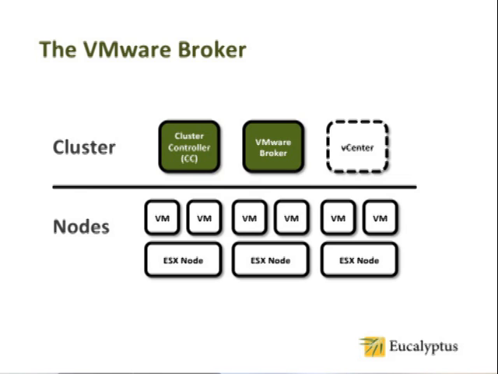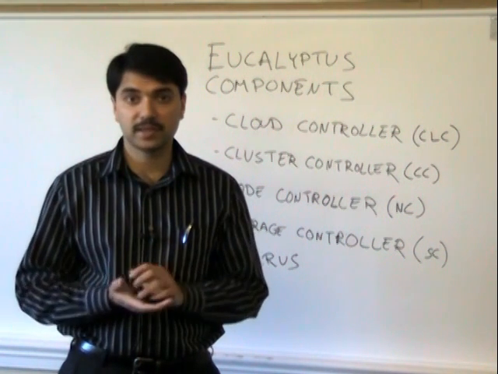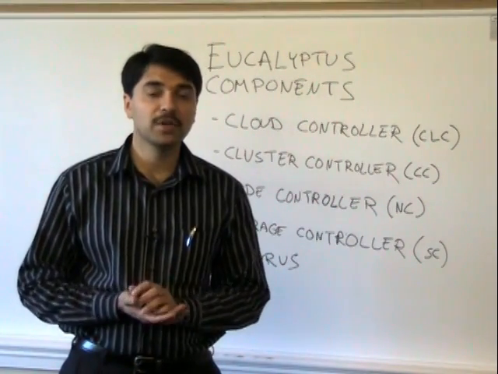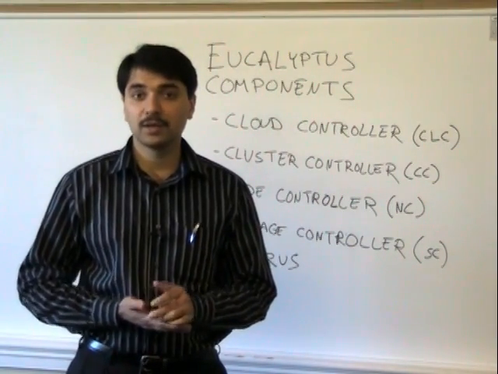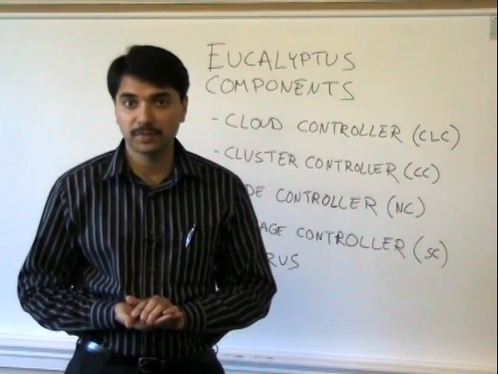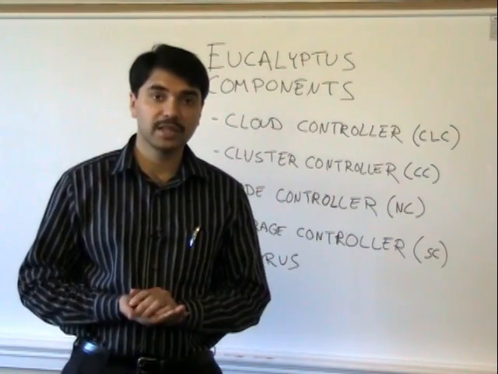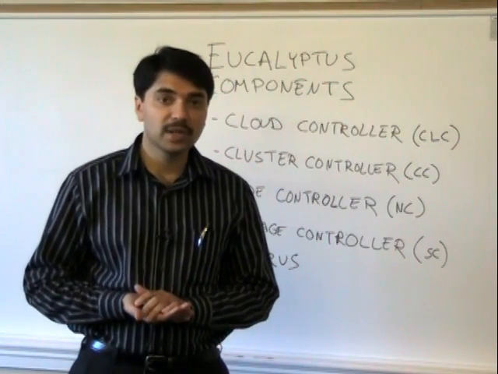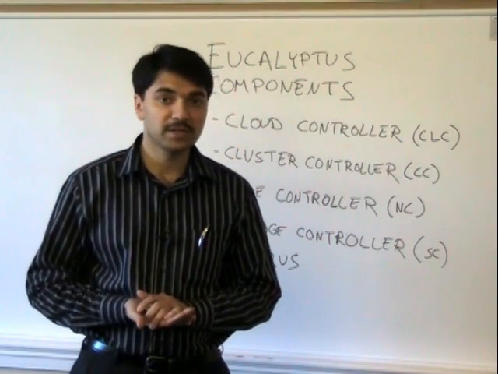If you have a vCenter server, we can make use of the vCenter server to communicate with and manage your ESX machines, but a vCenter server is not required to transform your ESX or ESXi based machines into an Amazon AWS-like on-premise private cloud. Eucalyptus can directly communicate with your ESX or ESXi machines and expose a cloud layer on top of your VMware-based hypervisor environment.